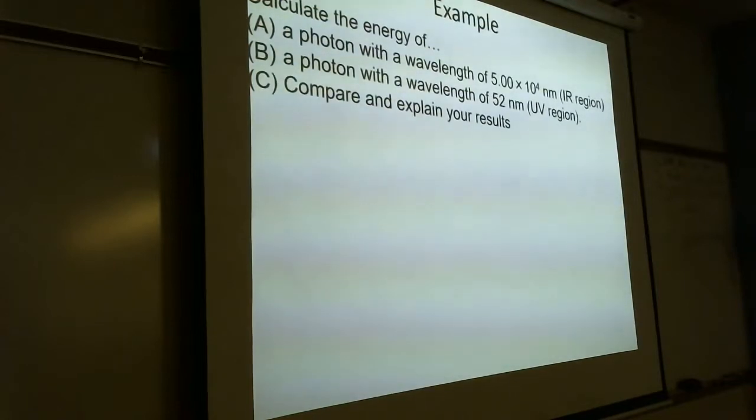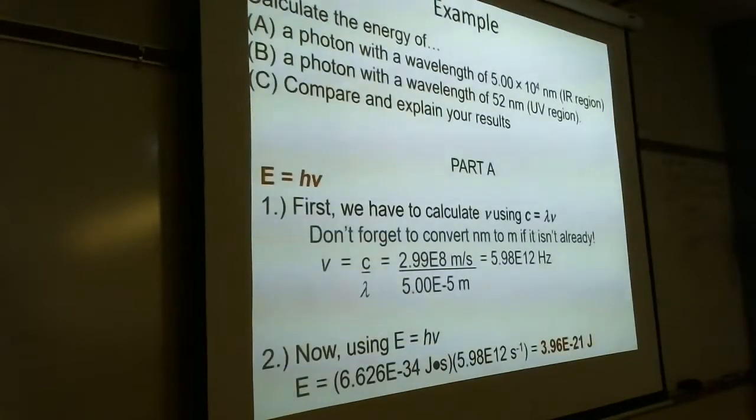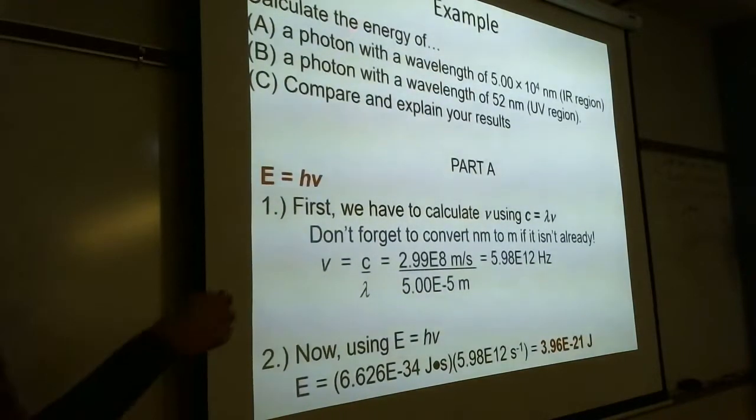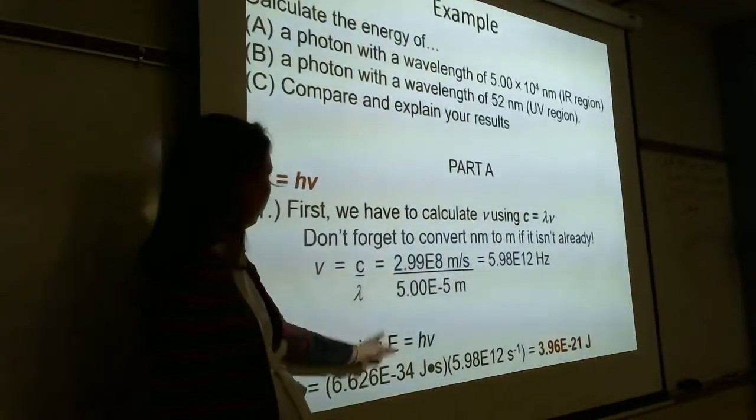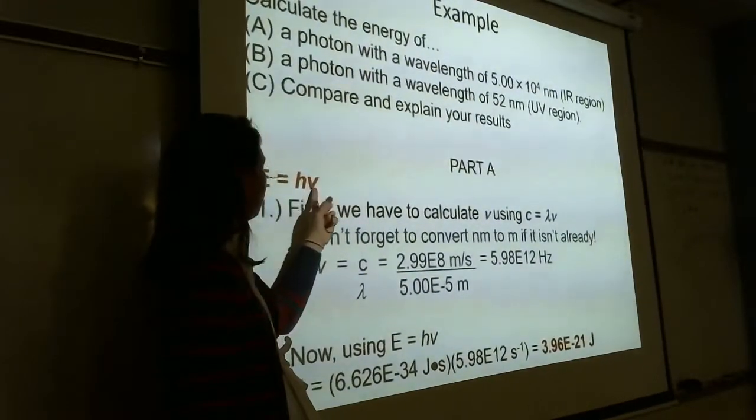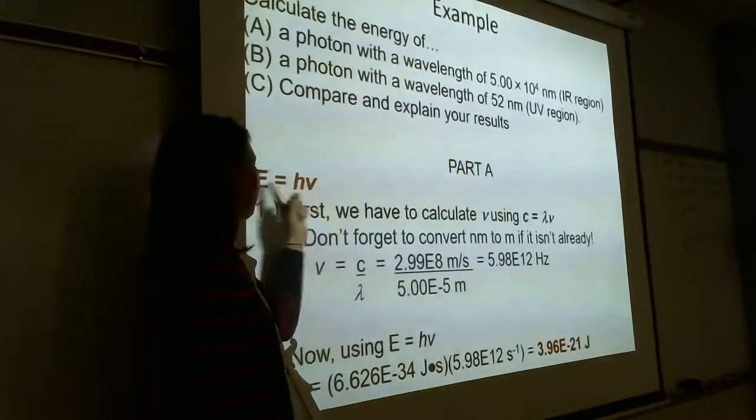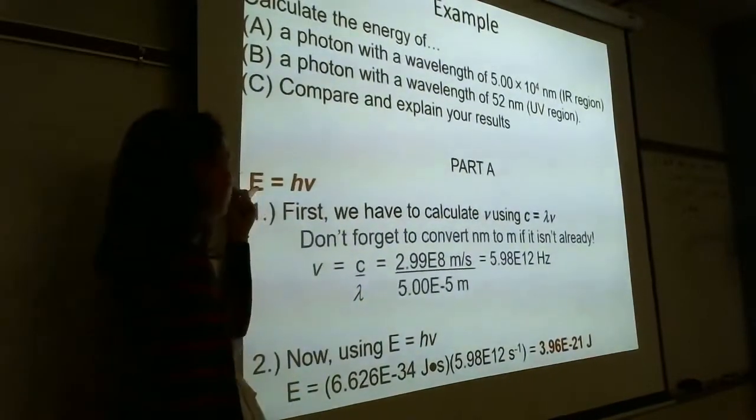Let's talk about why. If we're going to calculate the energy with a wavelength, we have to do a two-part calculation. Because energy comes from this equation, Planck's constant times frequency. Yes, that's the equation I need to plug into.